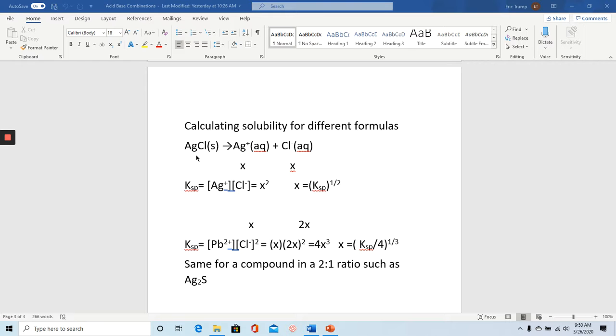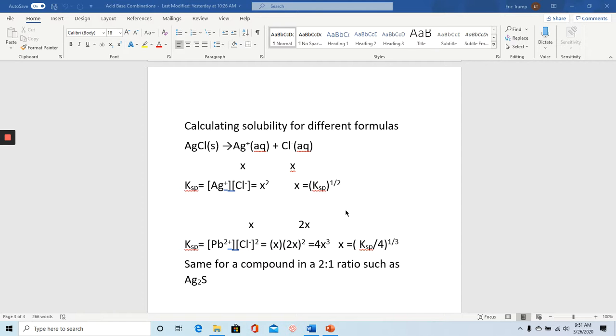Okay, if we have a 1-to-1 ratio such as silver chloride, which dissociates into silver ions and chloride ions, we can designate silver as X and chloride as X. This is the KSP expression, silver times chloride. And when each one of those is X, then KSP is X squared. X, which is the solubility, would therefore be the square root of the KSP.